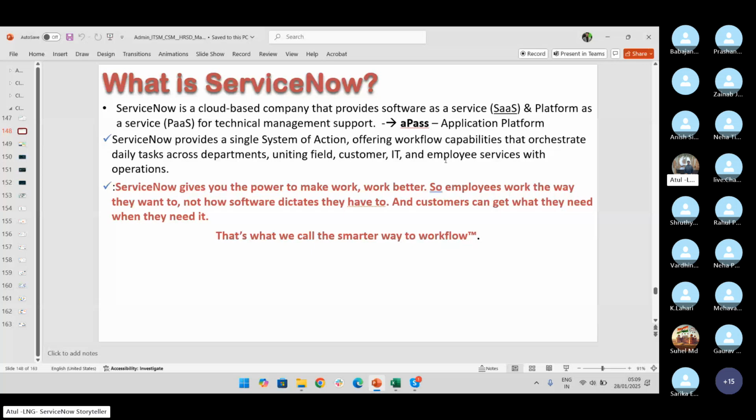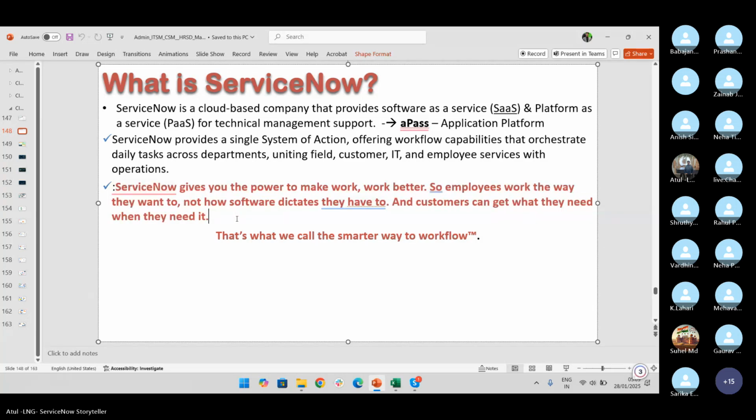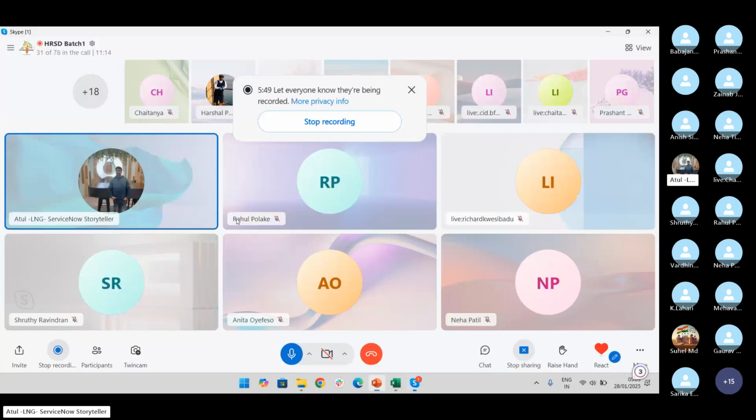These red color words which you can see here are given by ServiceNow. ServiceNow says that I want to give power to my users so that they can use this platform, this tool, the way they want to use it.